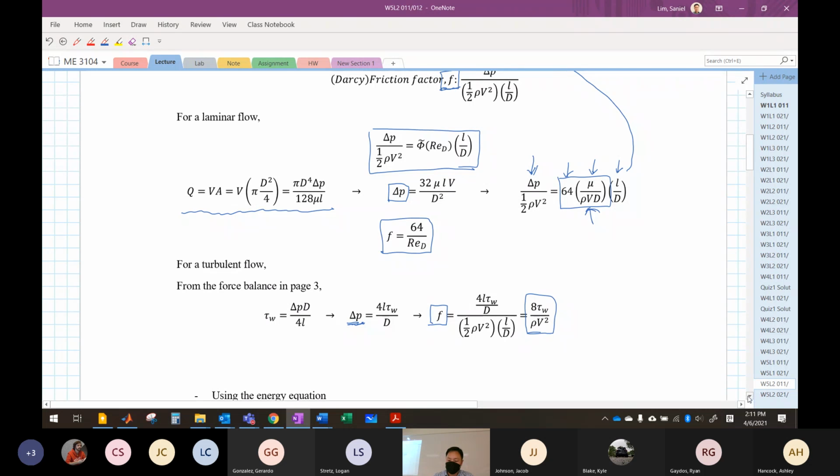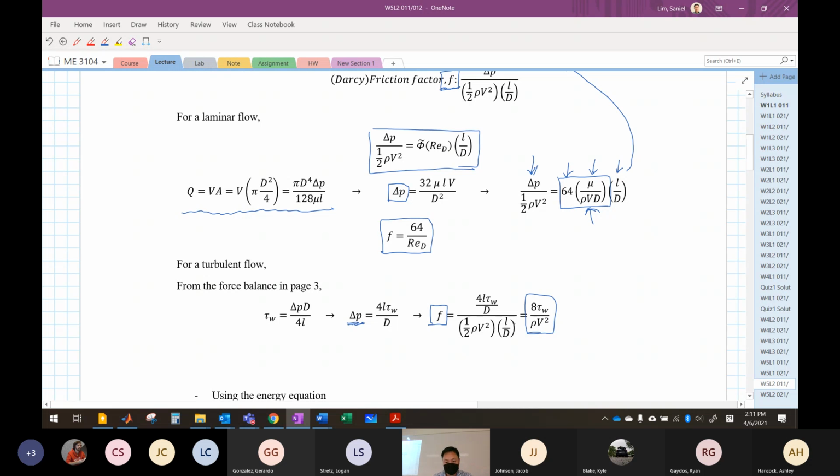So normally what we can do is measure the pressure drop, right? You can just put a pressure gauge onto the pipe, then measure it. Then you know what the wall shear stress is, and then you know what the friction factor is. Because you know the velocity, how? You just measure the flow rate of the pipe, then divide by the cross-sectional area of the pipe.